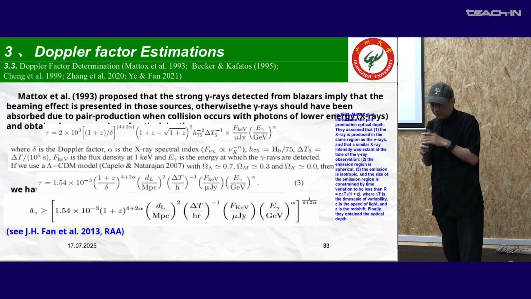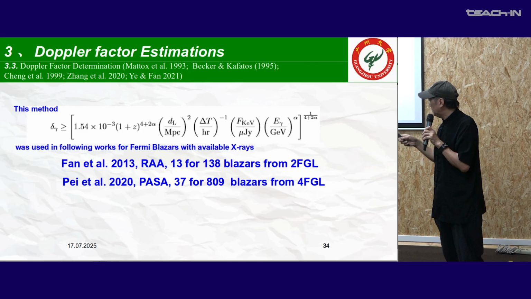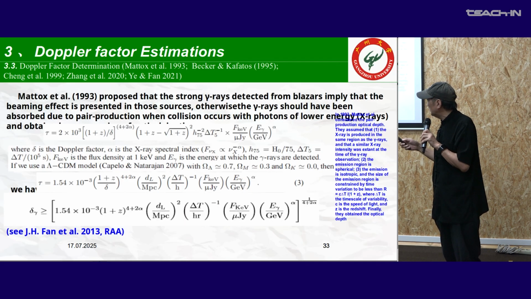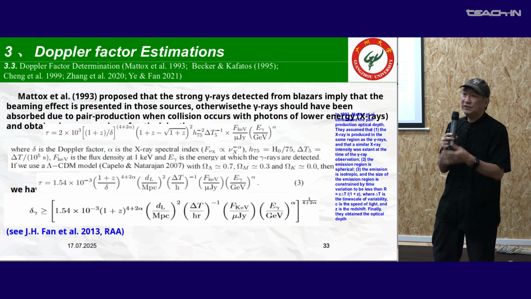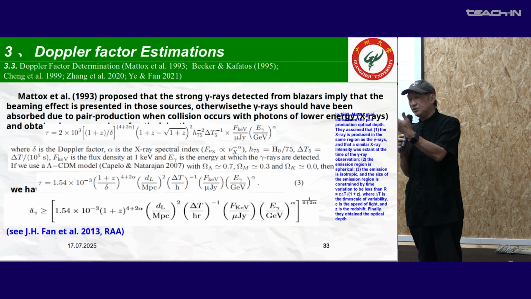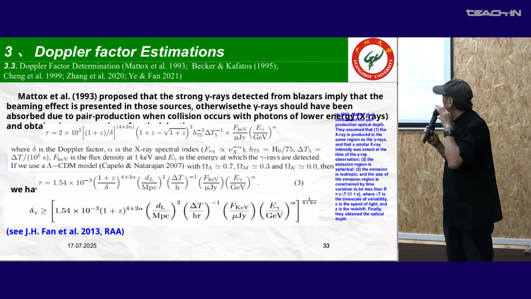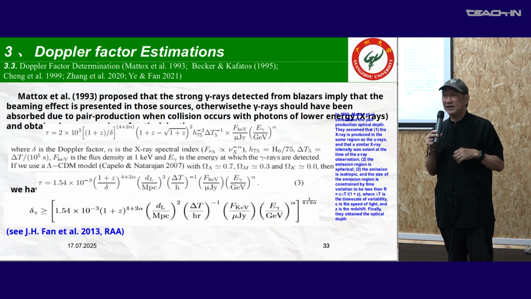In 1993, Mattox proposed using the gamma ray and the X-ray to get the Doppler factor. They think that if we can observe the gamma ray emission, it means that the optical depth for gamma-gamma collision is not so high.